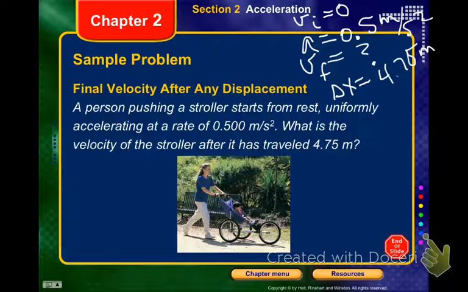And if we go back and look at all of our equations, Vi is 0, so we don't have to worry about it. When you go back and look at your 8 equations, you're looking at the 4 on the right, where it says starting at rest. You do have acceleration. You do have delta x, but you do not have Vf. And also notice that 3 of those 4 equations involve a change in time.